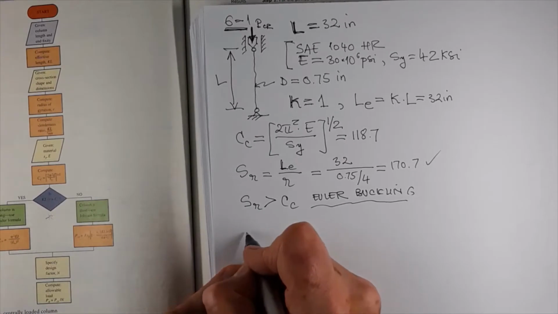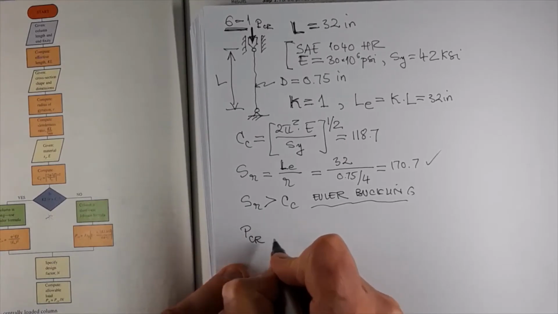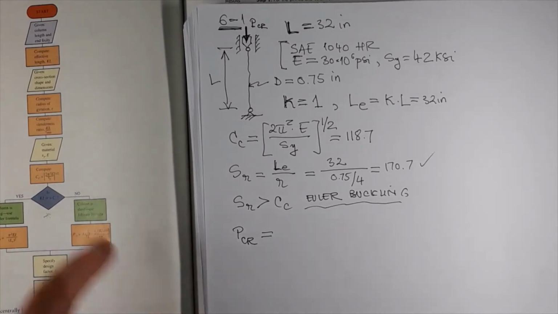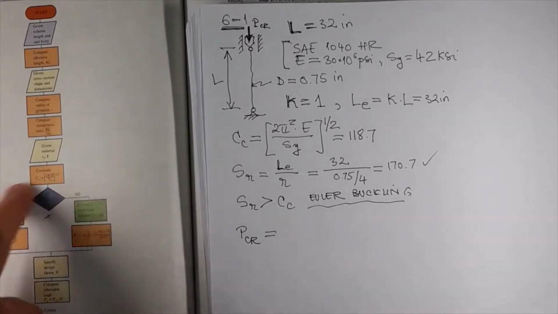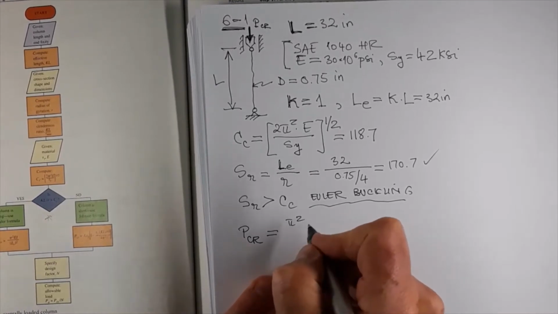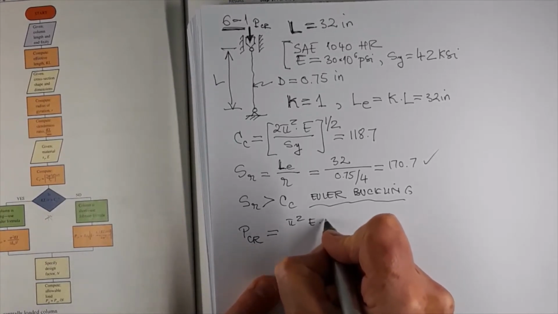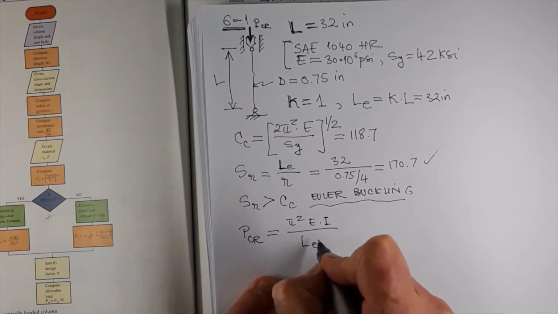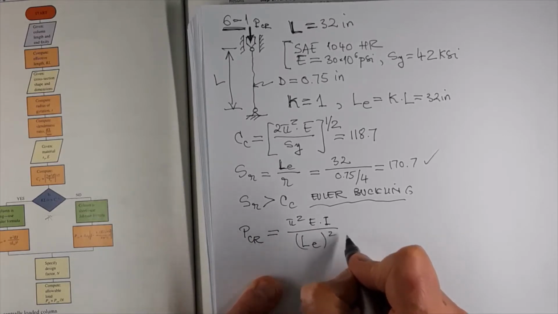So the critical load equation on the Euler branch of the flow chart is going to be pi squared Young's modulus times moment of inertia over effective length squared.